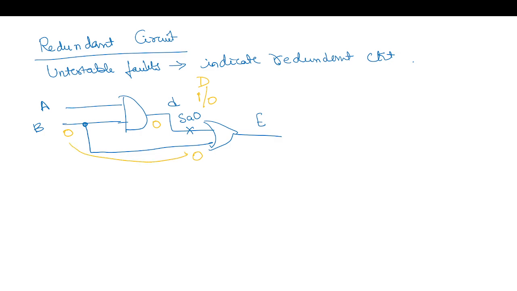So here we got a conflict. So we say that D stuck at 1 is an untestable fault.